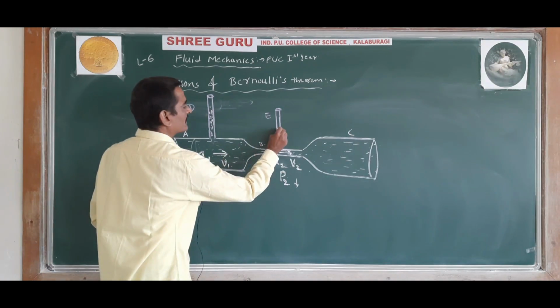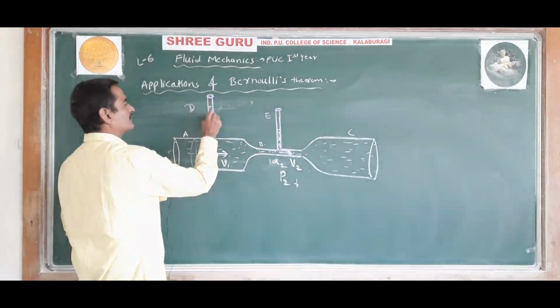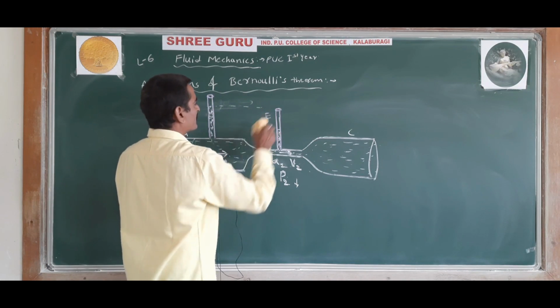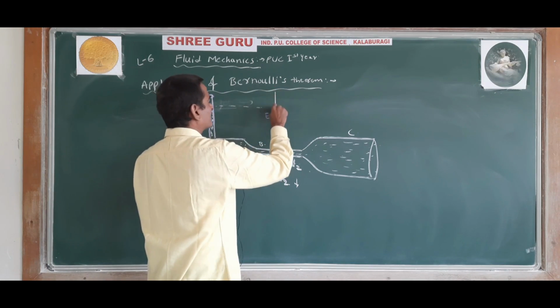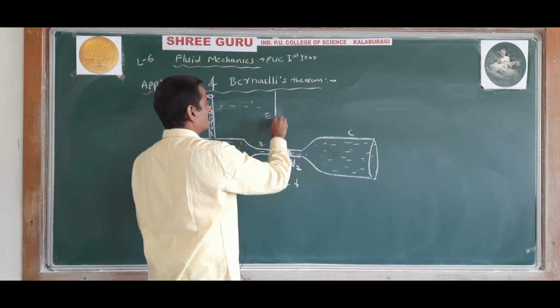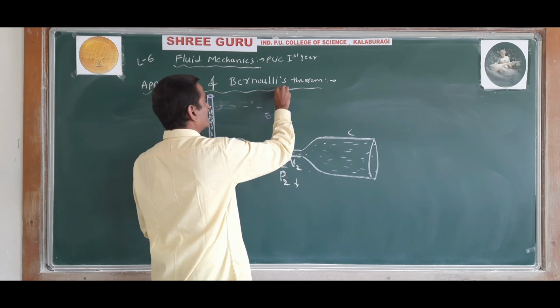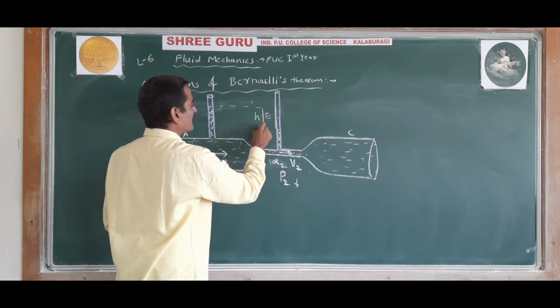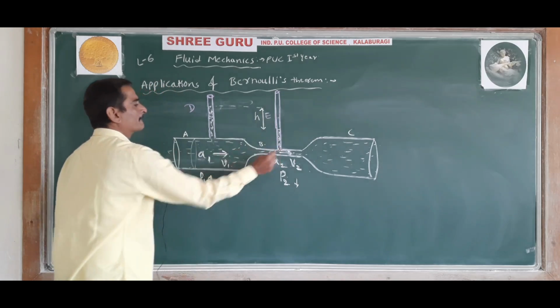So this will indicate the pressure, and the difference in the liquid level inside the vertical tubes will give the pressure difference.